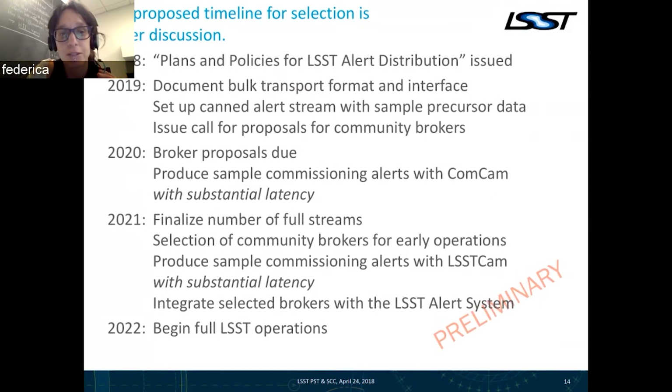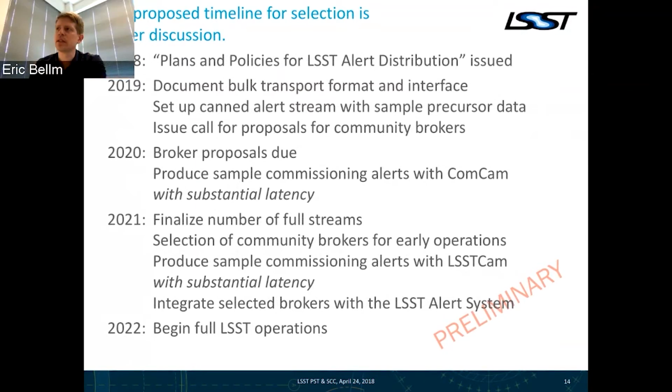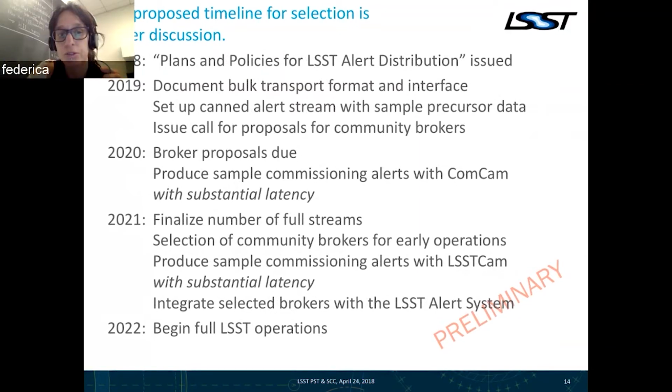And then I have a question about the point about 2020 and ComCam alerts. So here you're referring to phase 3 of the commissioning data? Yeah, and in particular, because that's one of the small surveys where we will be able to build references and take realistic data. So we really cannot expect to get alerts that are younger than weeks in that phase?